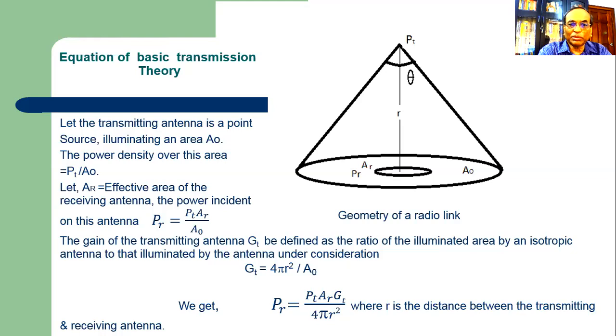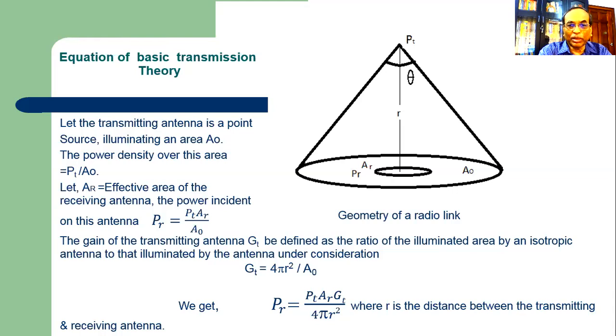The gain of the transmitting antenna, if it is GT, we define as the ratio of the area illuminated by an isotropic antenna to that illuminated by the antenna under consideration. So GT is equal to 4 pi R square divided by A0.